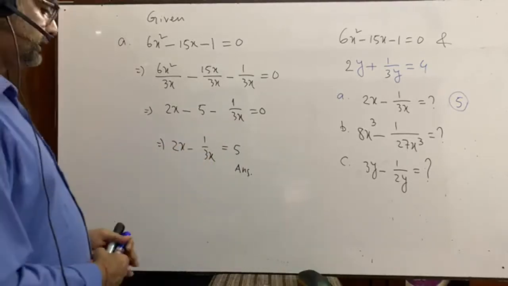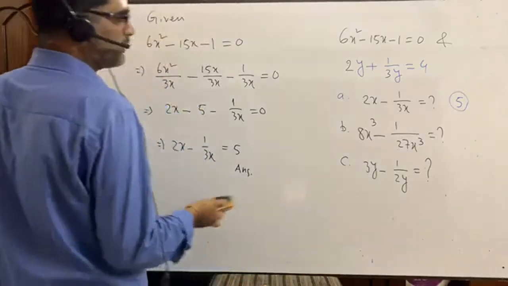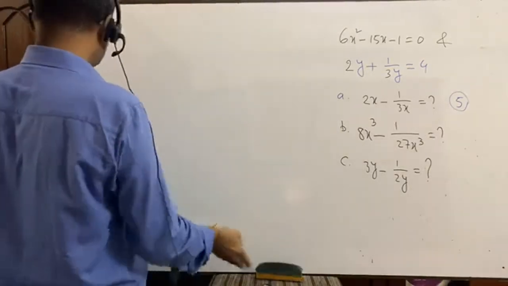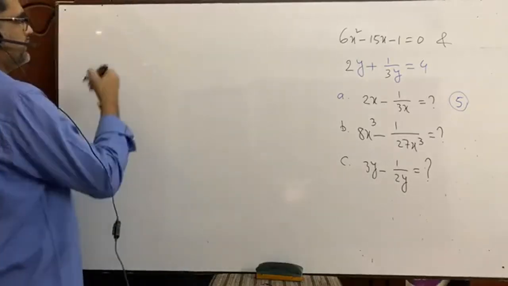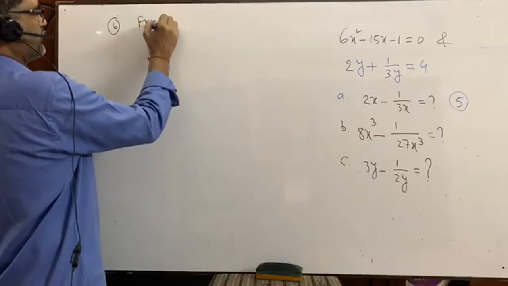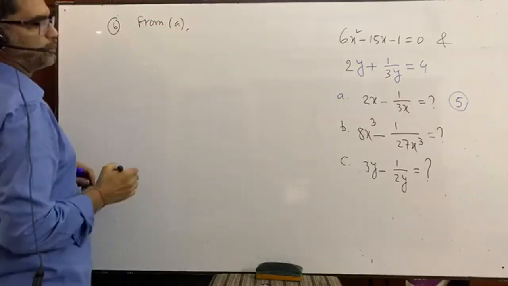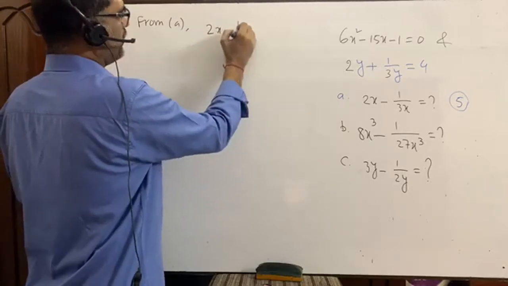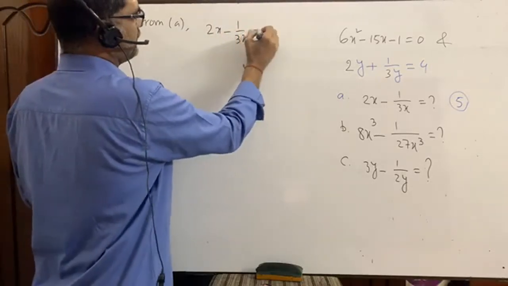Now we are going to question number B. Question number B, you write down question number B. From A, at first you have to write, we have got twice x minus 1 by thrice x is equal to 5.